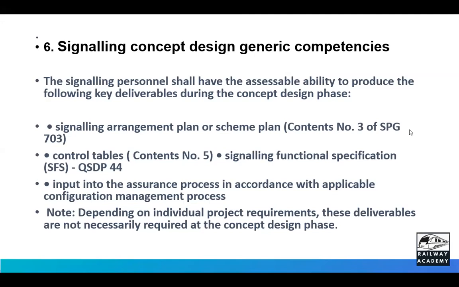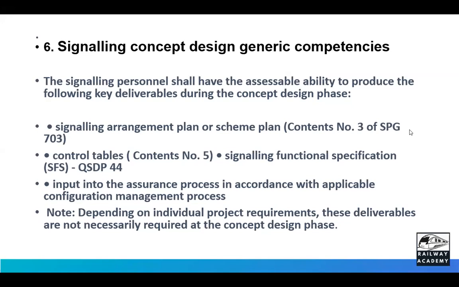One of the assurance processes: you do the design, you do the production checking, and then you give it to the checker who will do the checking. Then you give it to the verifier who will do the verification. But this is not sufficient. This is only verification. Then what is validation? After that, you will take the information to the site and execute it and test it without signals, without trains, and satisfy that every function is working at site.